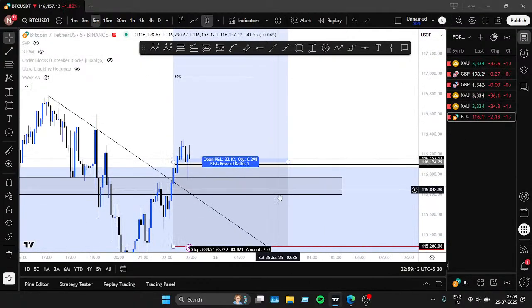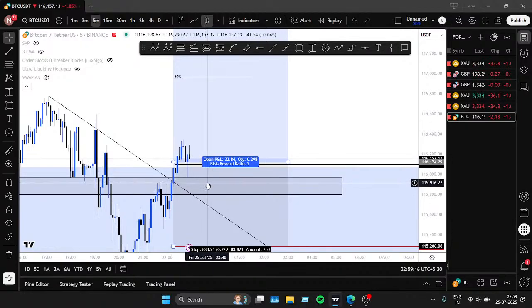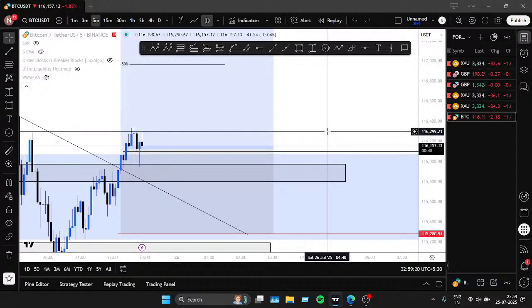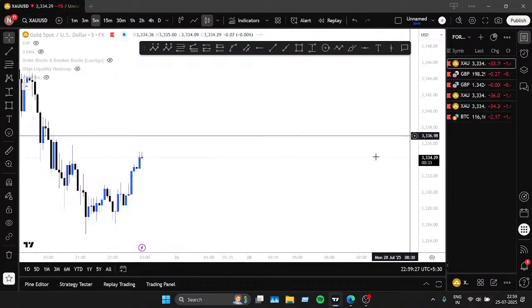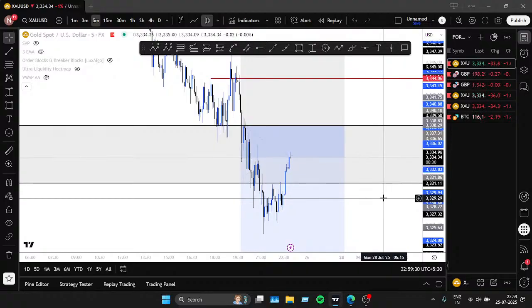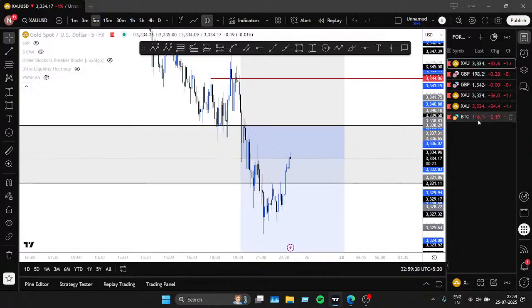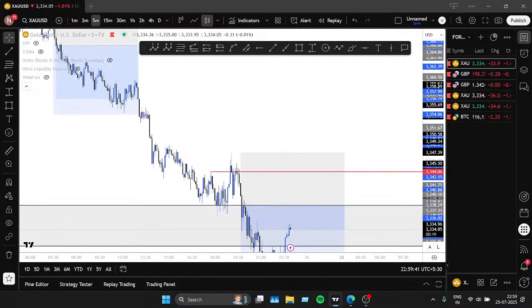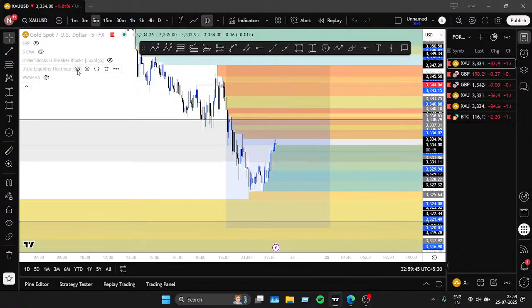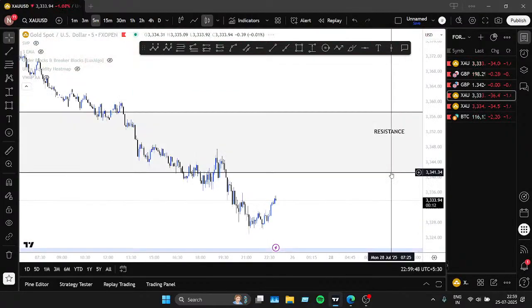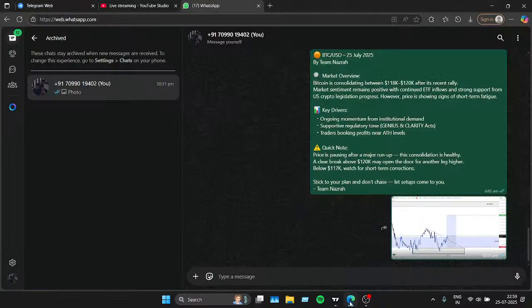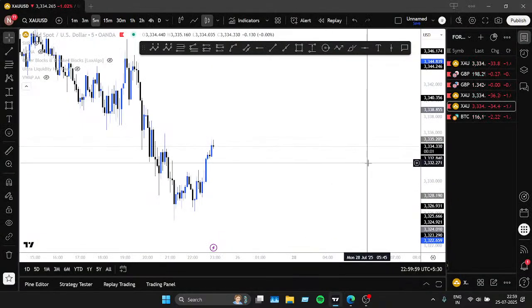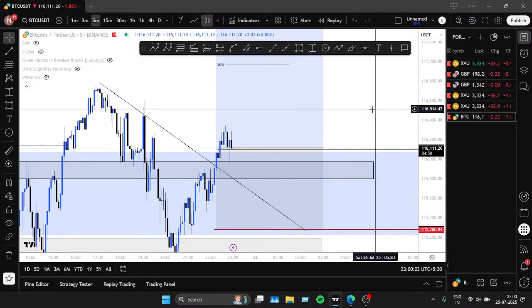I guess most likely BTC can again retest the zone, maybe do a liquidity sweep. BTC, yeah, I guess it's gonna retest the zone.